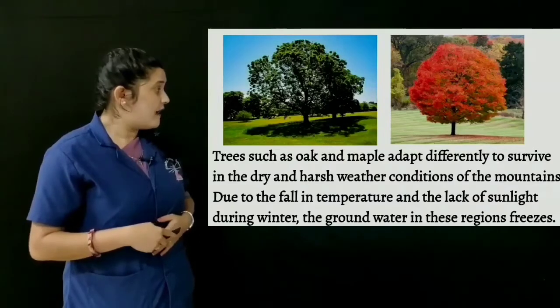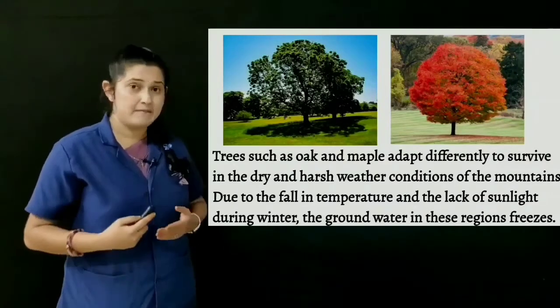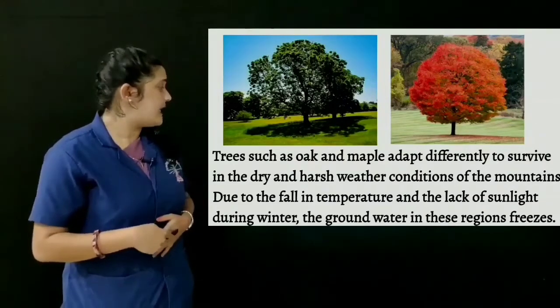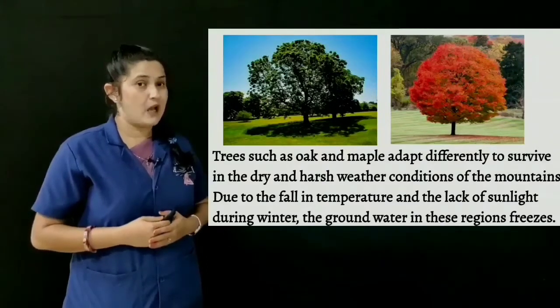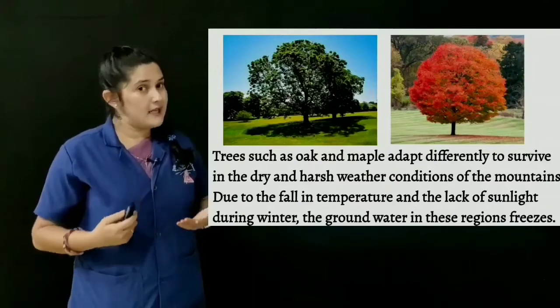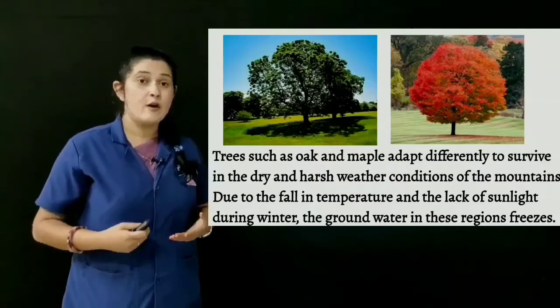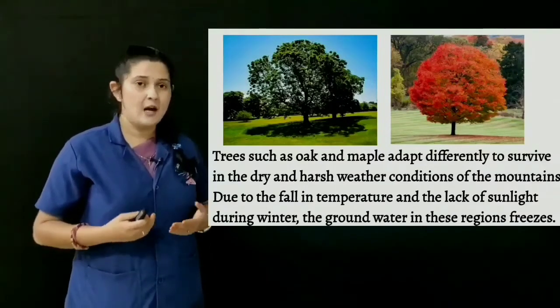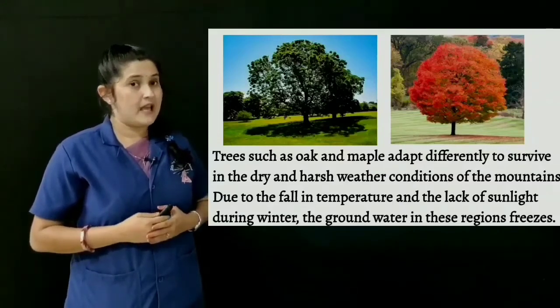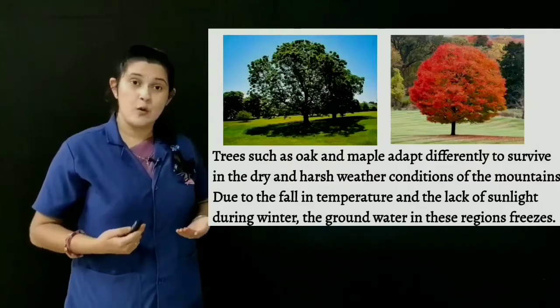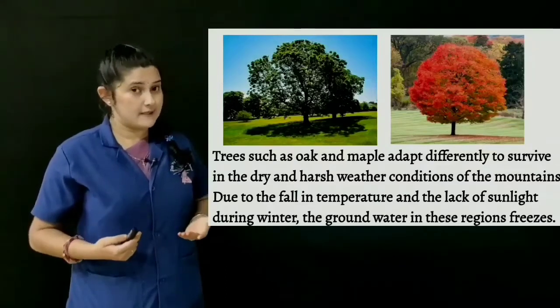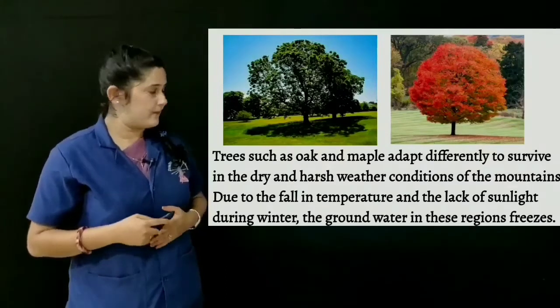As a result, very less water is available for these trees to carry out photosynthesis and transpiration. You have learnt about these processes, that is photosynthesis and transpiration. It is not possible for these trees to carry out photosynthesis and transpiration.